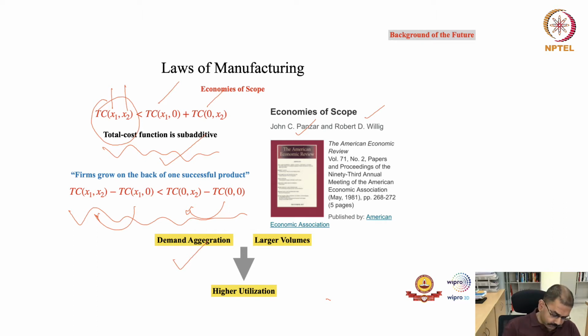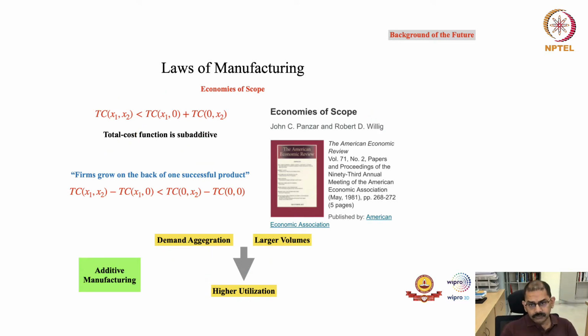So demand aggregation also leads to higher volumes, which allows you to have higher utilization of your capacity, right? Now, can the technology of additive manufacturing come to our rescue and actually improve the economies of scope, right? I think that is something which may be relevant in the future, how additive manufacturing can enhance economies of scope.